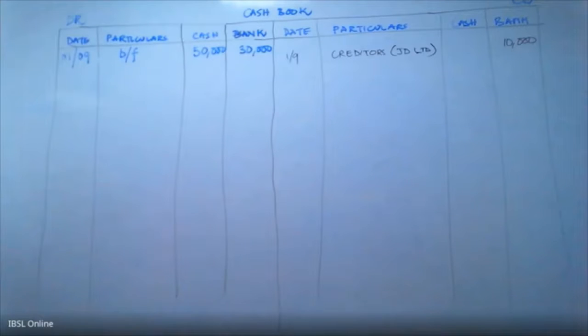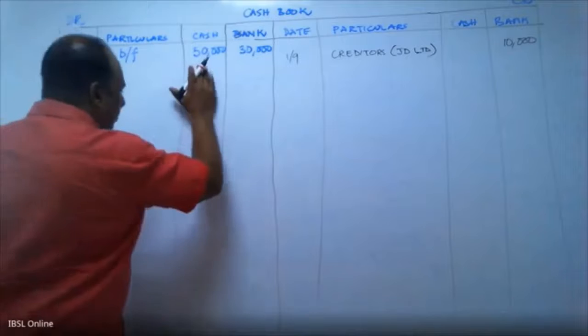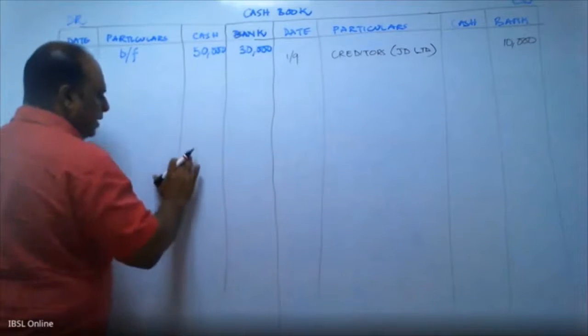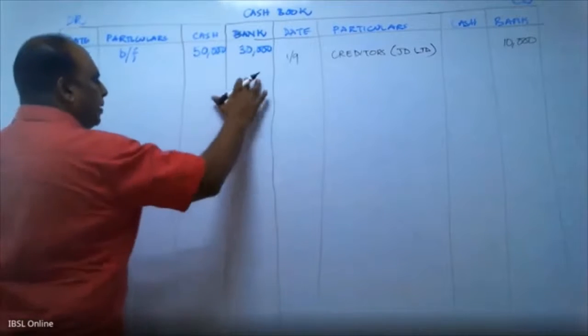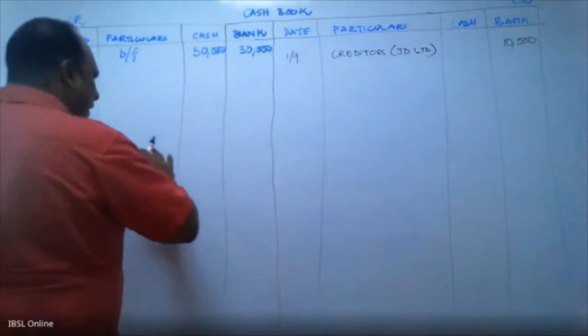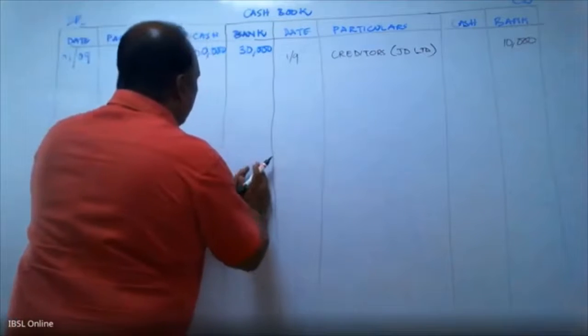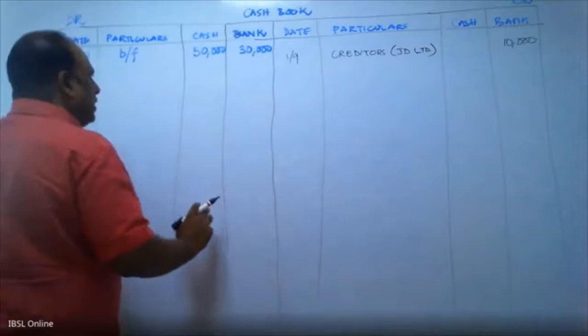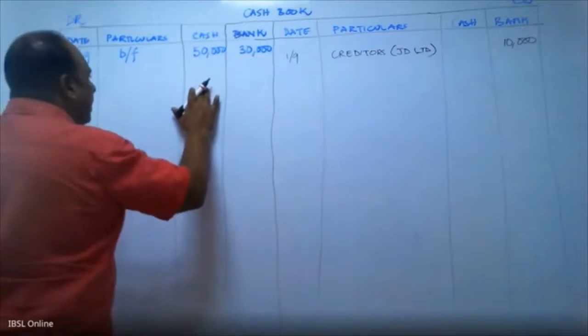It is a practice in businesses that when you receive checks, it is initially recorded in the cash column. That is an exception, which you have to remember. If you are not directly depositing it into the bank account, and if the policy is to deposit it the next day, initially we will record it in the cash column.